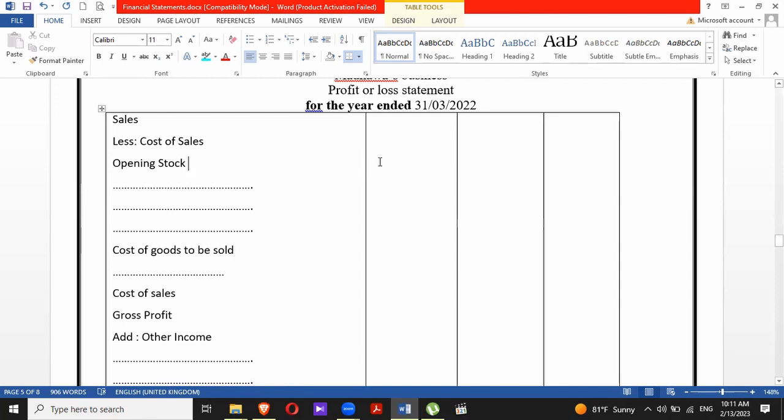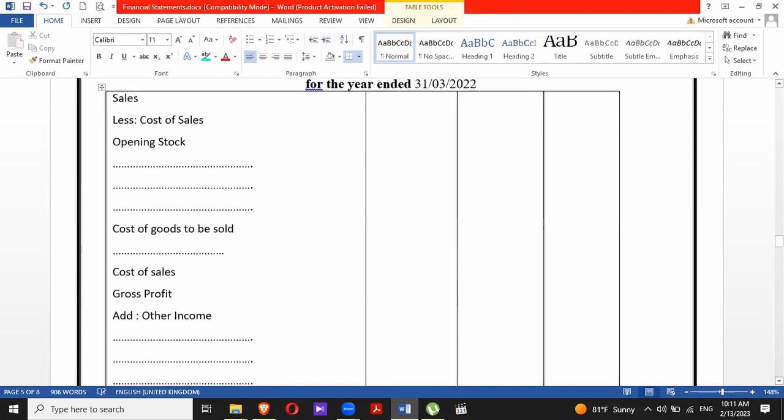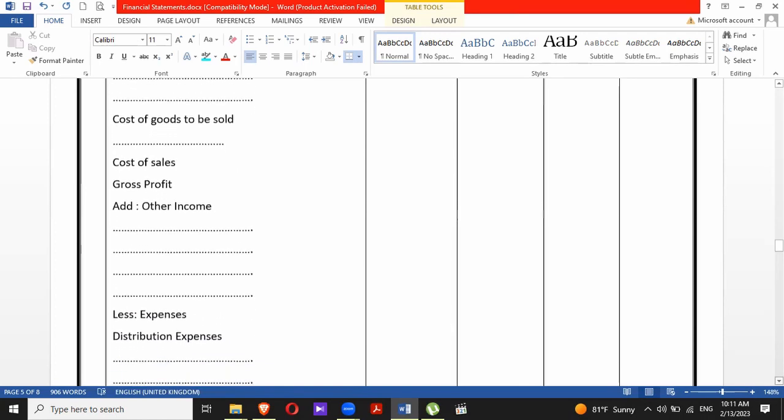Opening stock 22,000. Here, as I told you once, when you write amounts in the profit or loss statement, there are 3 columns for amounts, right? This first column you can't use until expenses. Only for the expenses you can use this column, right?